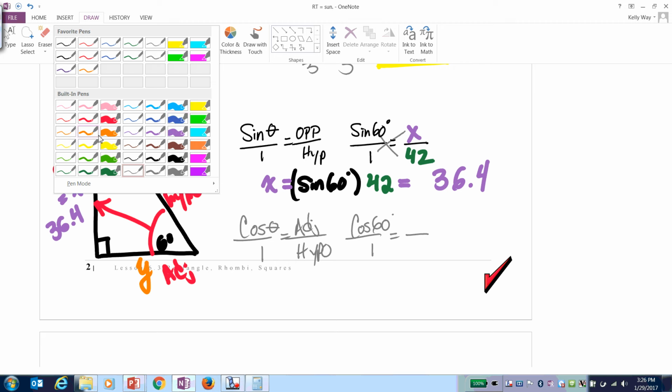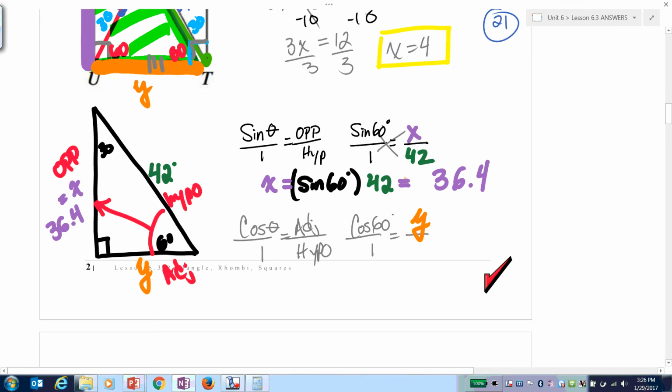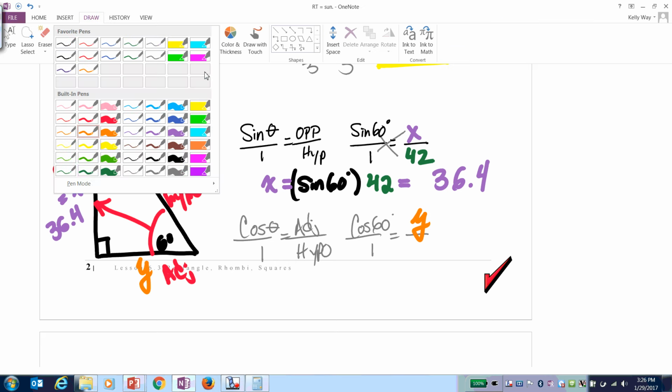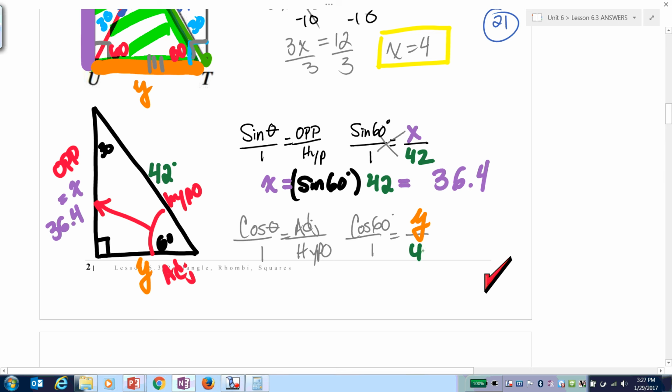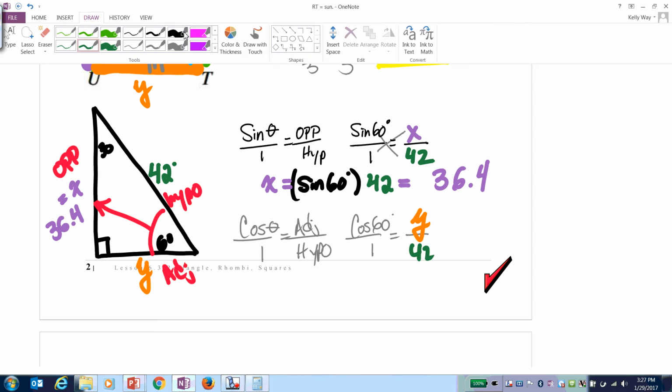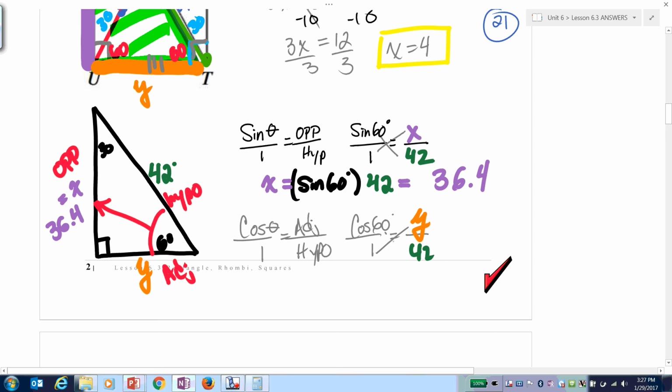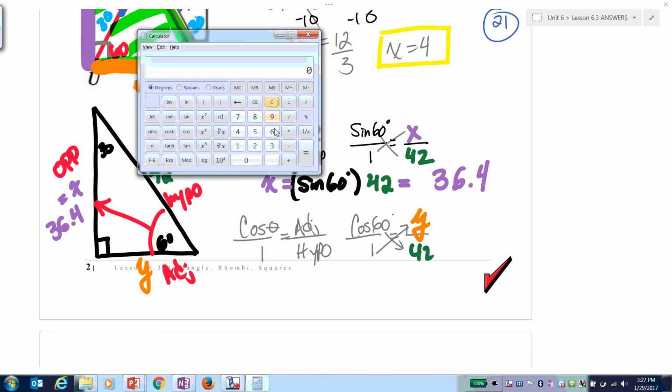Our adjacent, we don't know, we're calling it y, over hypo, which is 42. Cross multiply, and you see that you're just simply going to times cosine 60 times 42. And we get 21.